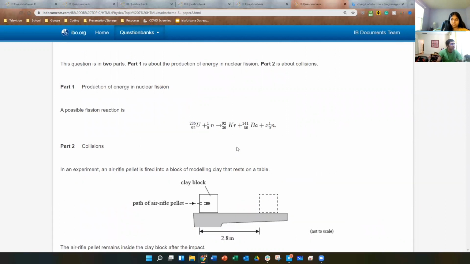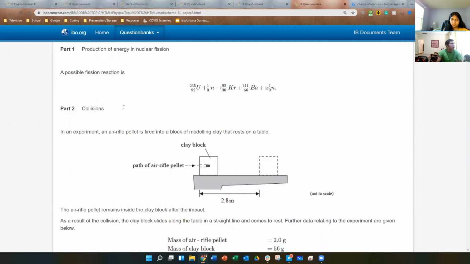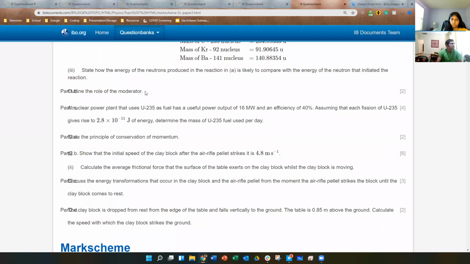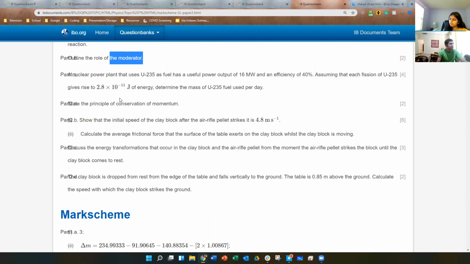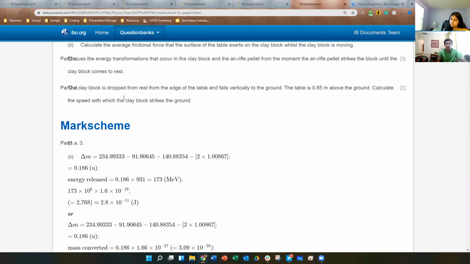Or no? What's the moderator? Oh, is that talking about the moderator in a nuclear power plant? That's the energy unit that we haven't done yet, so I don't think we need to worry. Moderator, like the thing that stops it from creating a chain reaction. I think so. I'm not sure exactly.